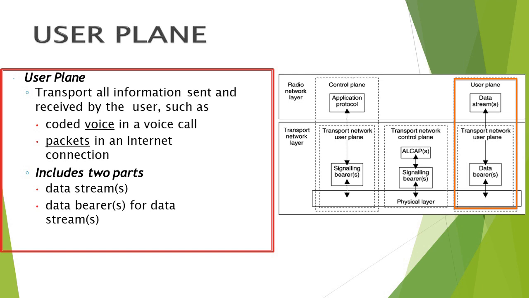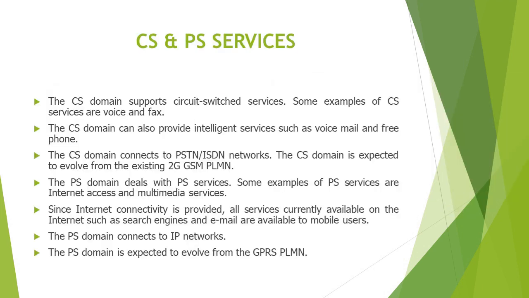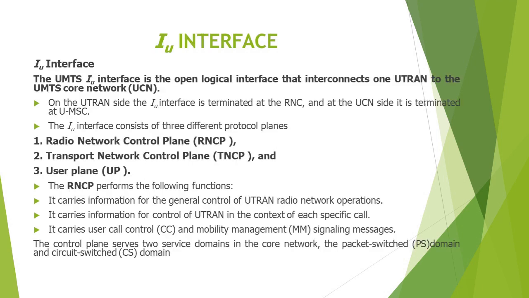This includes two parts: one is the data stream, another one is the data bearers. Next is circuit switching and packet switching technology. We have already seen that circuit switching works for voicemail and phone calls. Packet switching works for internet access and multimedia services. This is the IU interface. These interfaces we have already seen.